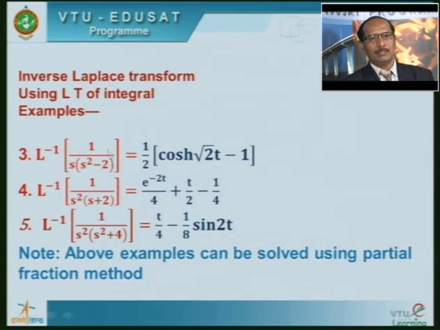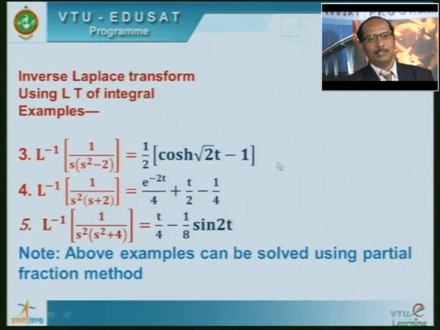For the third example, one is a linear factor and the other one is quadratic. One can always use partial fractions, a divided by s, bs plus c divided by this. And the fourth example, it is linear repeated. s square means s is a linear factor repeated 2 times. For that, a divided by s, b divided by s square, plus the other one is also linear, c divided by s plus 2.